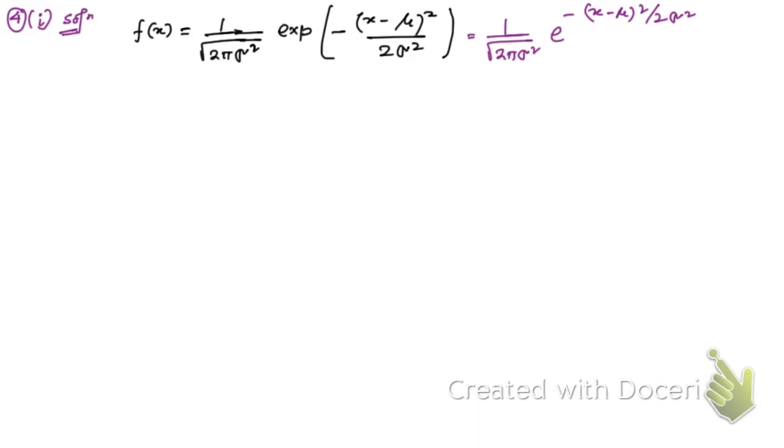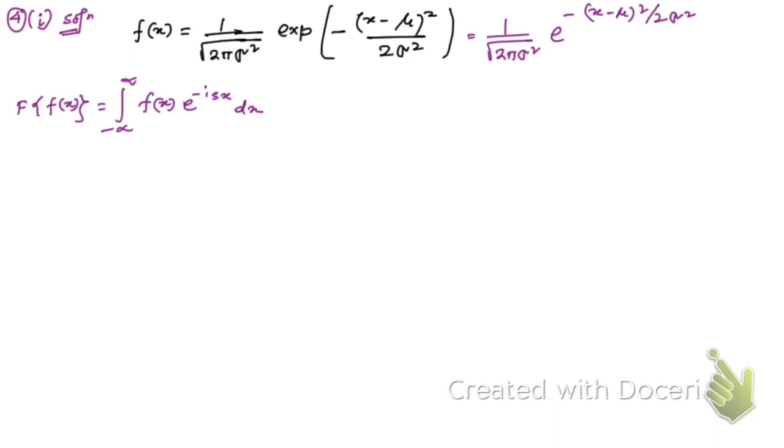So how to solve this question? According to the definition, we should get the integral from minus infinity to plus infinity of f of x times e to the power minus isx dx.